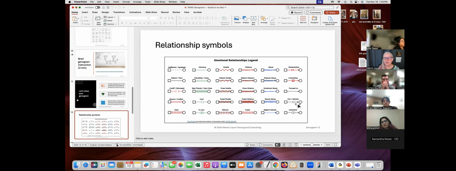So limerence, fan and admirer is one thing, or focused on is one thing, but going to limerence is extreme. So I would say pick three different relationship patterns that you want to draw on your genogram, and we'll take a few minutes to put those in.